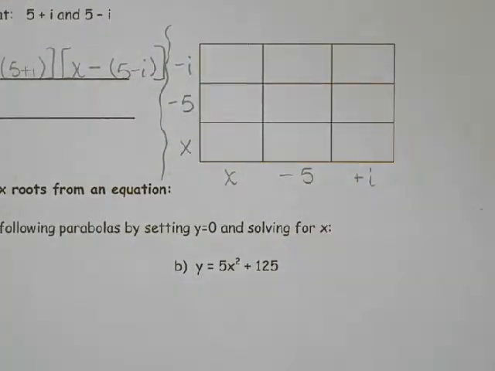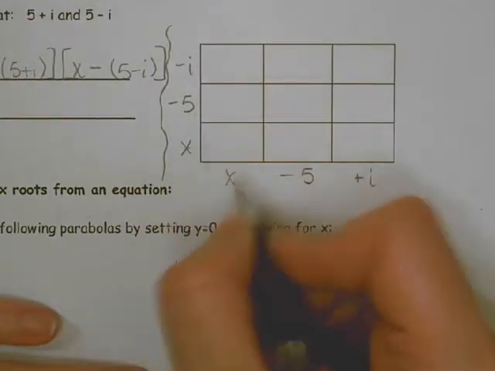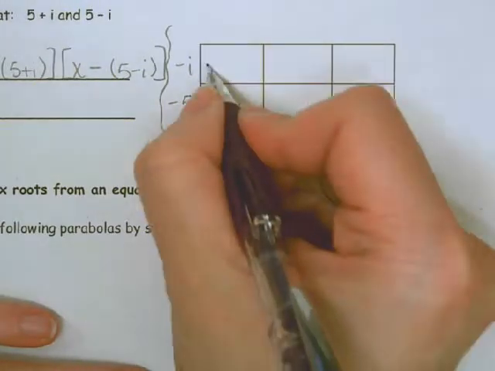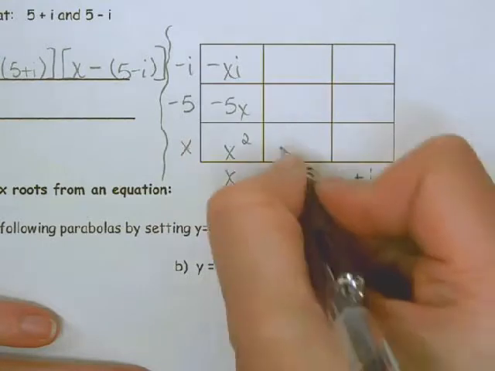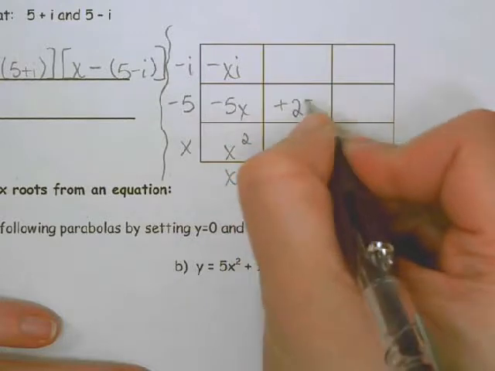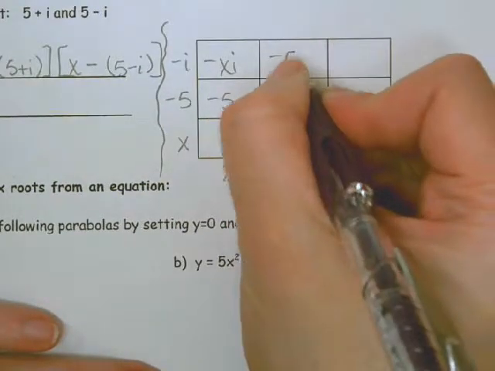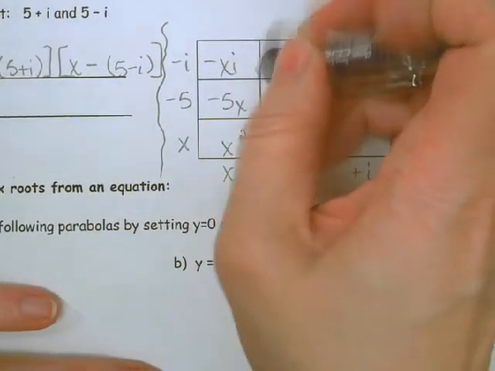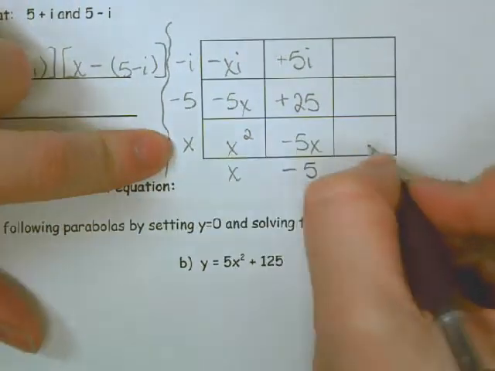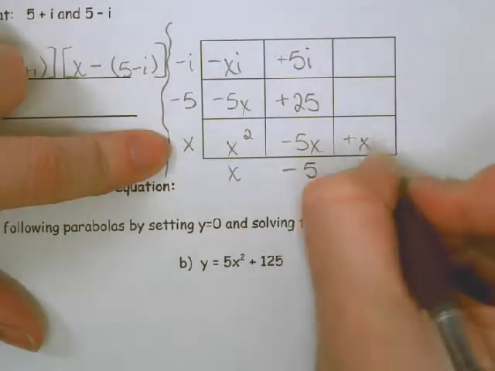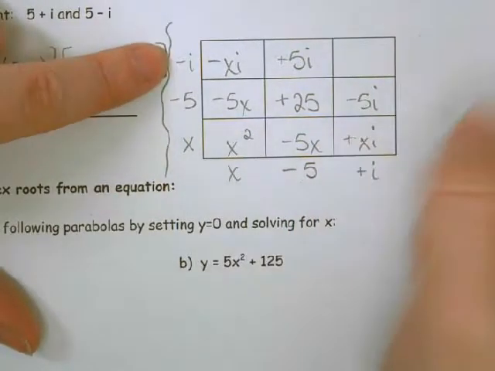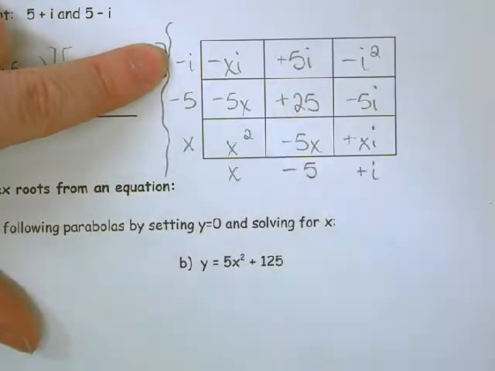So, when I multiply this out, x times x gives me x squared minus 5x minus xi, minus 5x plus 25 minus 5i, plus 5i. And that's because these two are both negative. Down here, plus xi minus 5i, and then minus i squared.